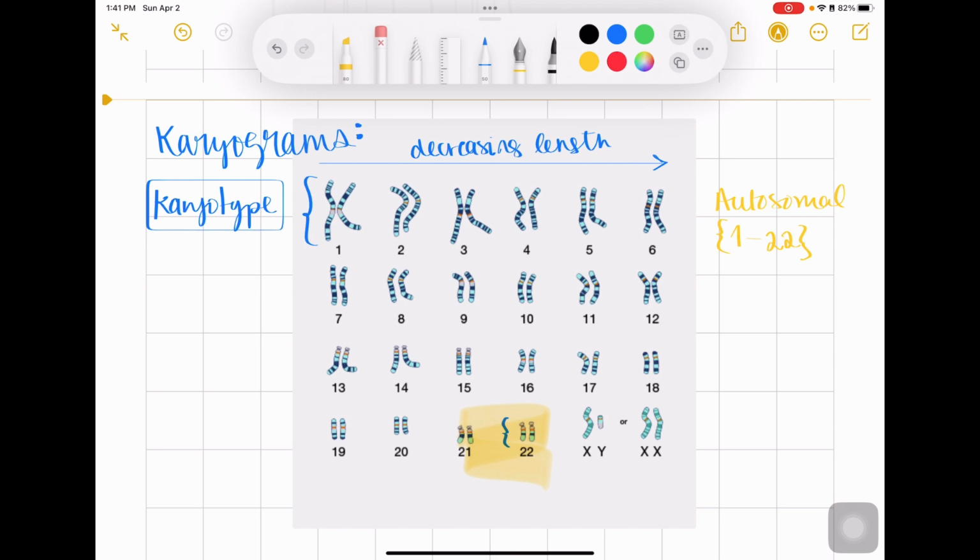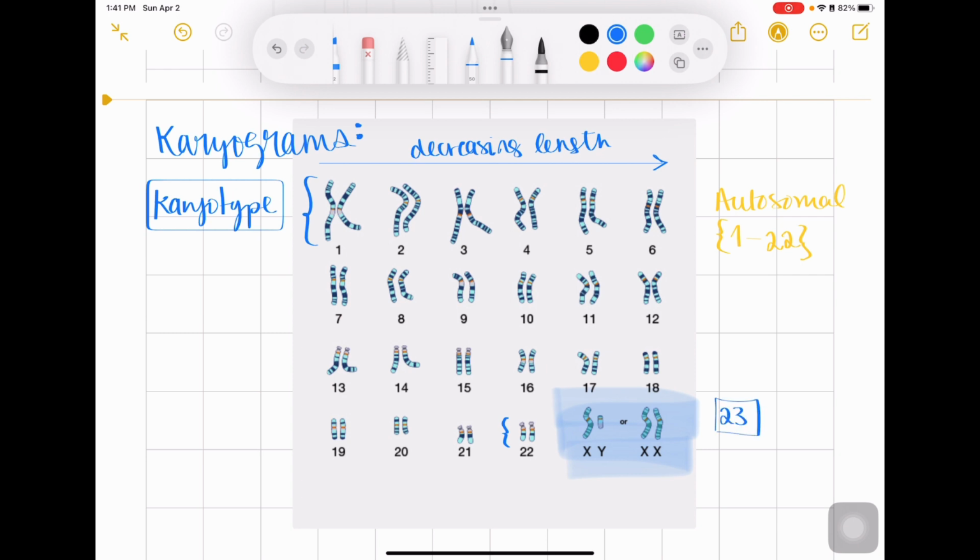Okay, great. Now, let's look at the last pair of chromosomes, which are these. The last pair, which is the 23rd pair of chromosomes, are called the sex chromosomes. These determine if you are a male or if you are a female.